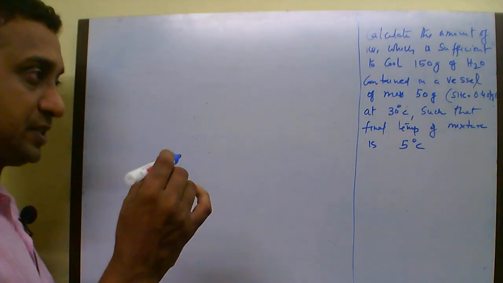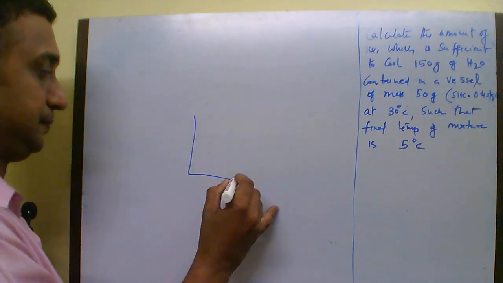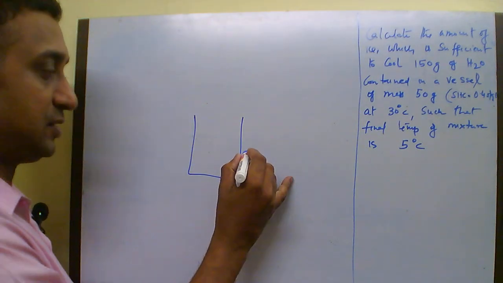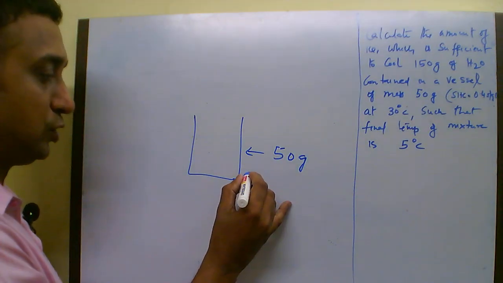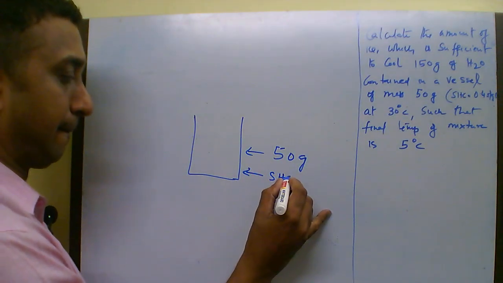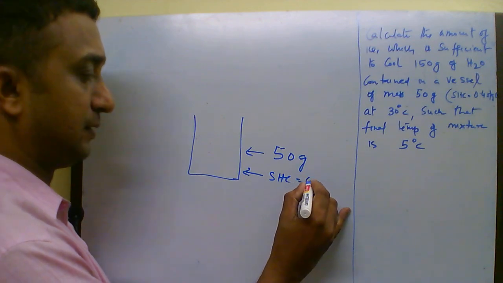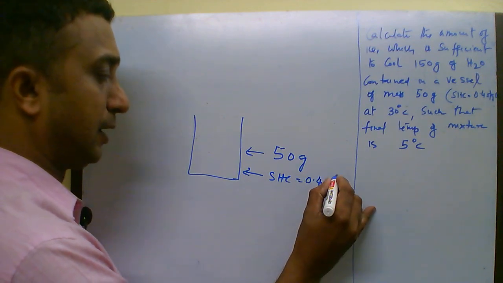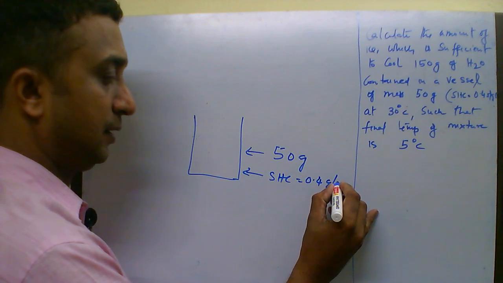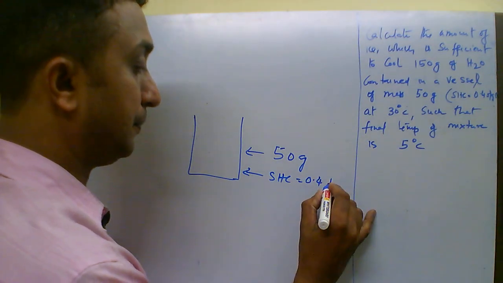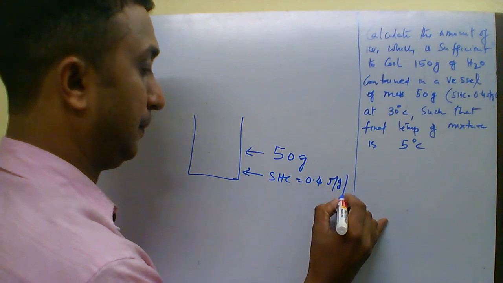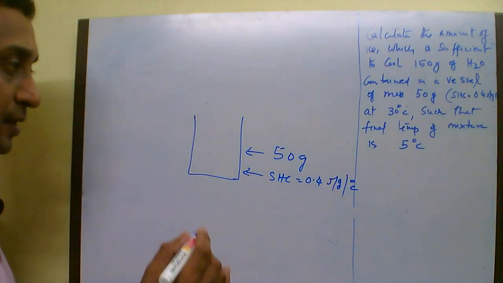So basically the question is something like this. You have a vessel whose mass is 50 grams and whose specific heat capacity is 0.4 joules per gram per degree Celsius.